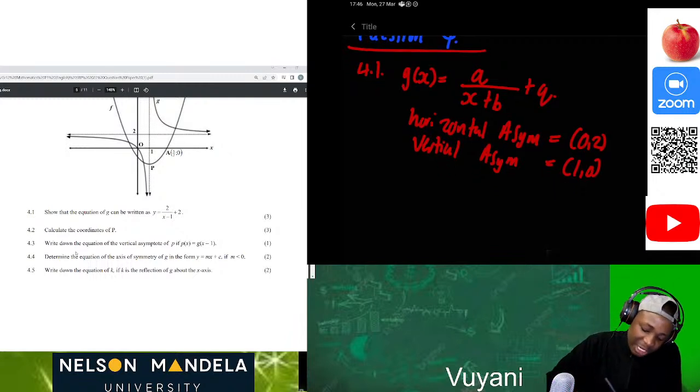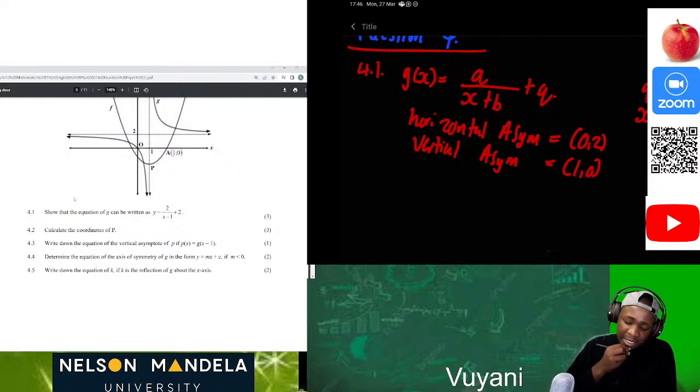So we are given this, and we already know, guys, this is straightforward. By now, everyone should know that q is equal to the horizontal asymptote, and x plus b will be equal to that vertical asymptote, 1. Then you solve for b, and b will be x minus 1.